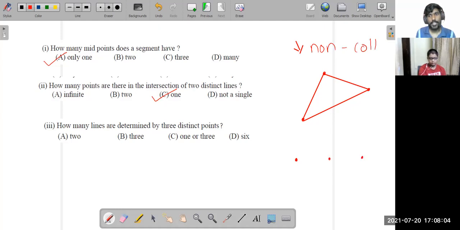Now they are collinear. Now how many lines can I draw through them? 1. Depending on whether the points are collinear or non-collinear: if collinear, you can draw 1. If non-collinear, you can draw 3. Now you tell me, what is the answer? C, 1 or 3.